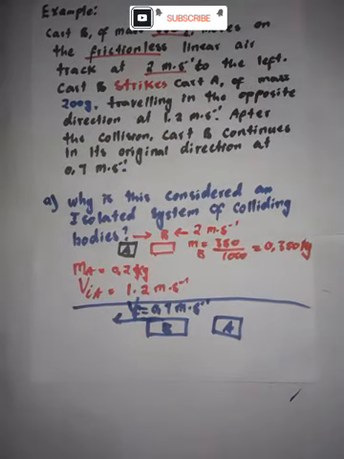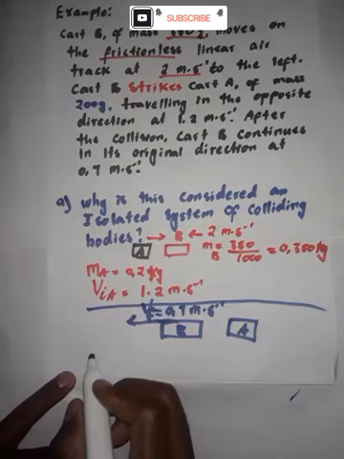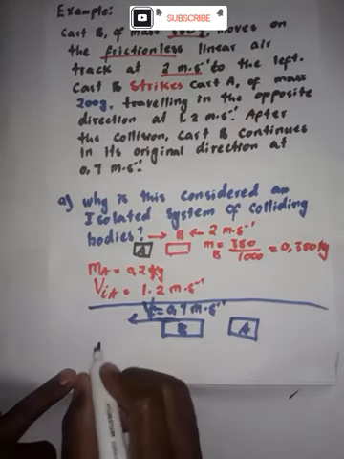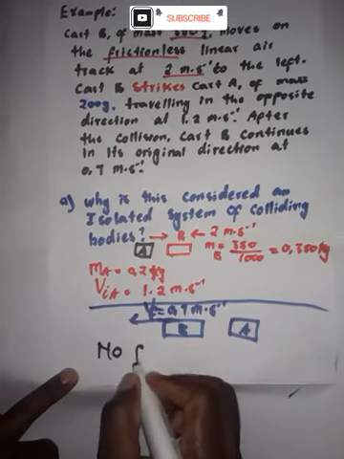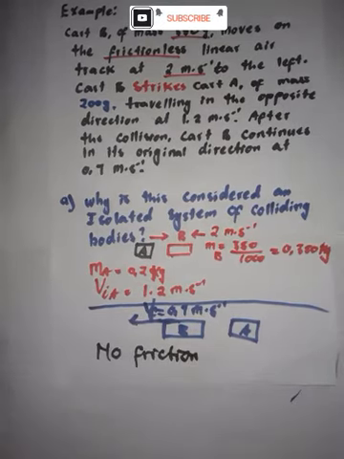That means we don't have any external forces. Only these bodies are considered as the system, only object A and object B. No external force, no friction. That's why this is an isolated system.